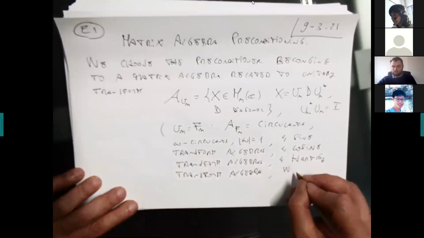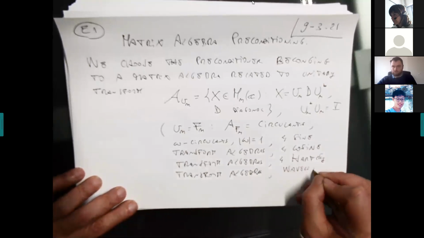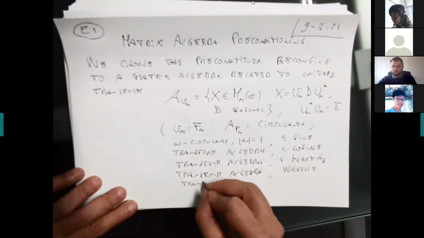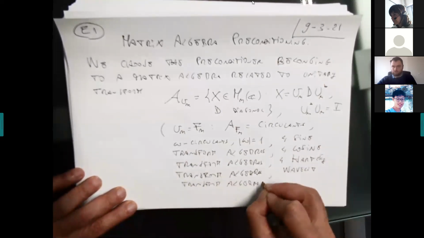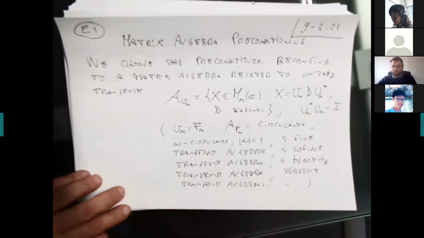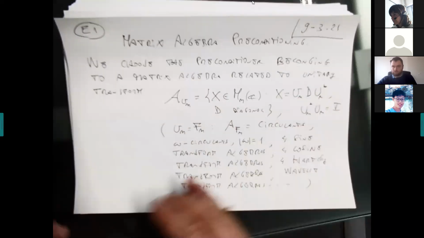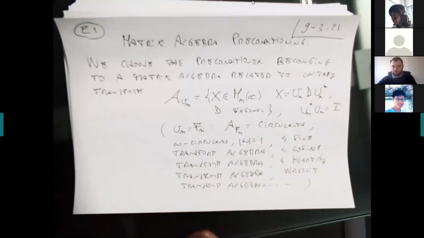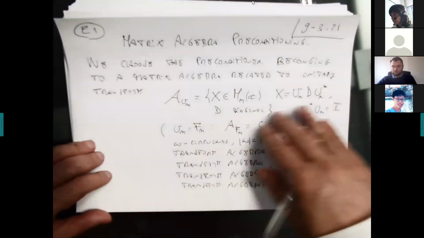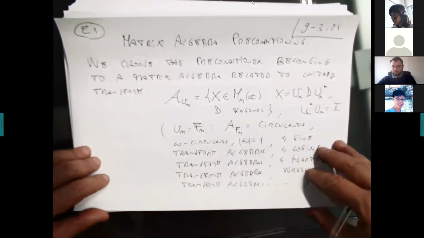Then there are the wavelet transform algebras. And this is just a small list. So this class includes the circulants that we have seen, but it includes also a lot of other algebras. So it makes sense to study in this general framework.